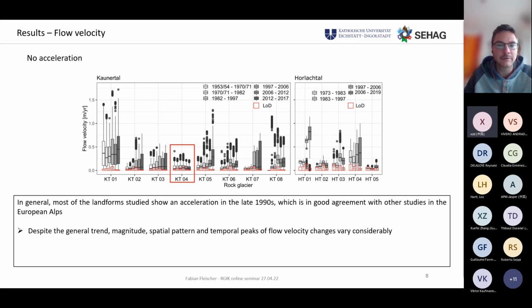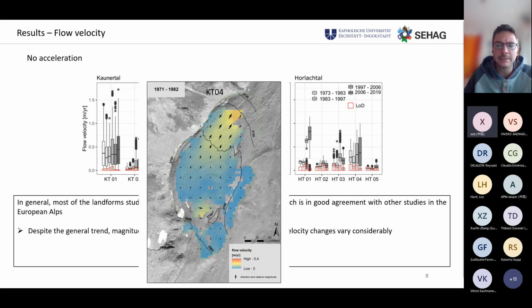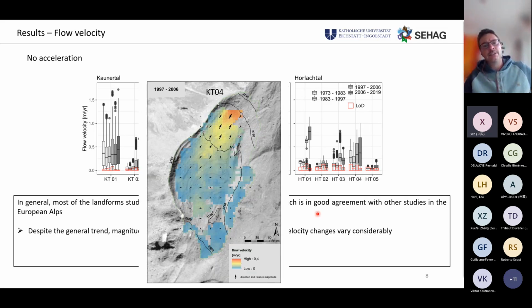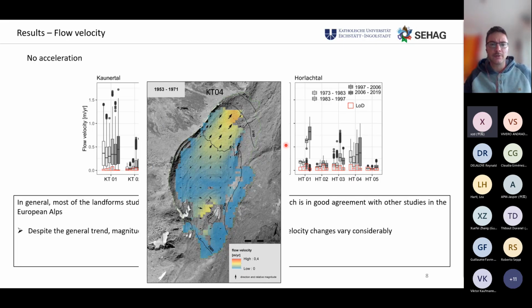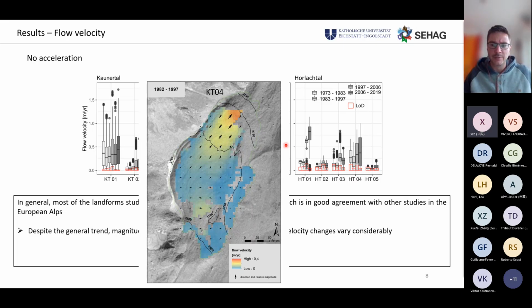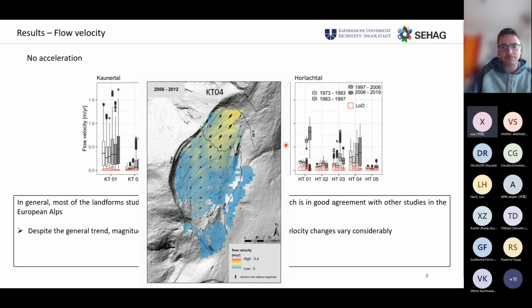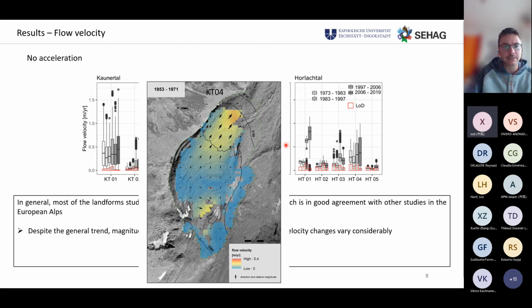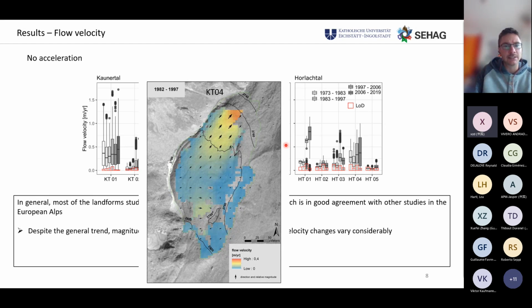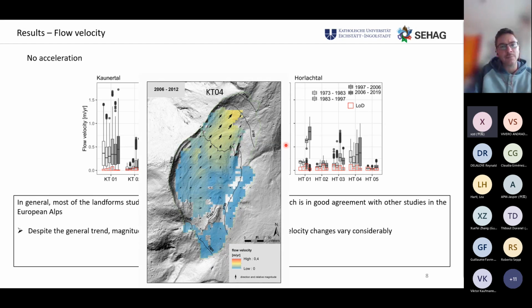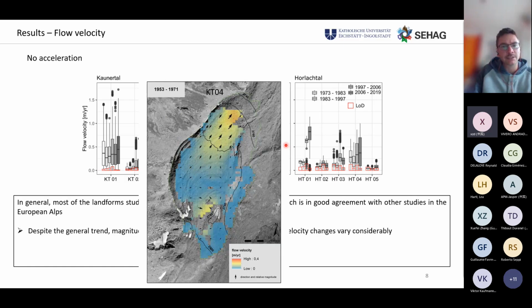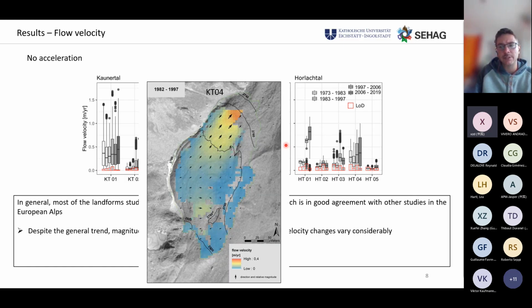This rock glacier is characterized by a pretty low slope angle, high ice content, and it presumably formed from a push moraine. In this example, although we here as well see variation in flow velocity at the terminal part of the rock glacier, and also can see an acceleration in the 1990s, the flow velocity actually decreases in the last two time steps.